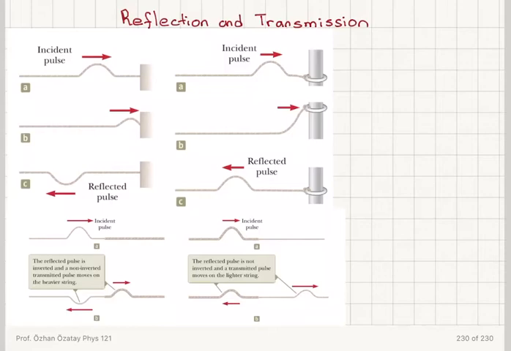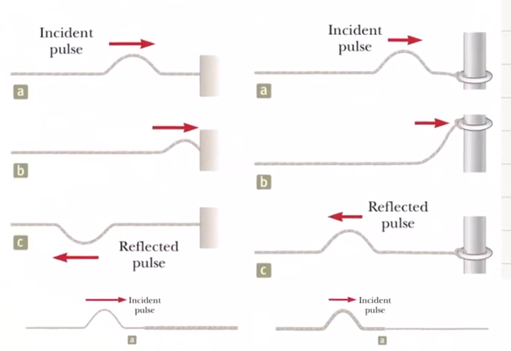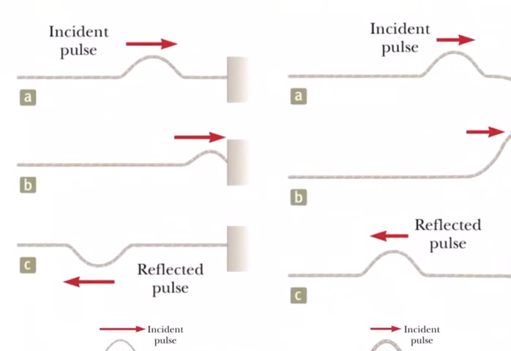Now we're going to look at reflection and transmission of pulses from different interfaces. First, if you look at an incident pulse that is traveling to a fixed end, we find that this pulse will get reflected from this fixed end with the same amplitude and inverted.